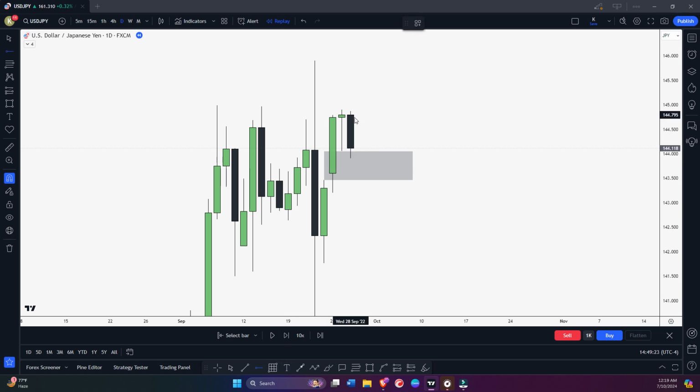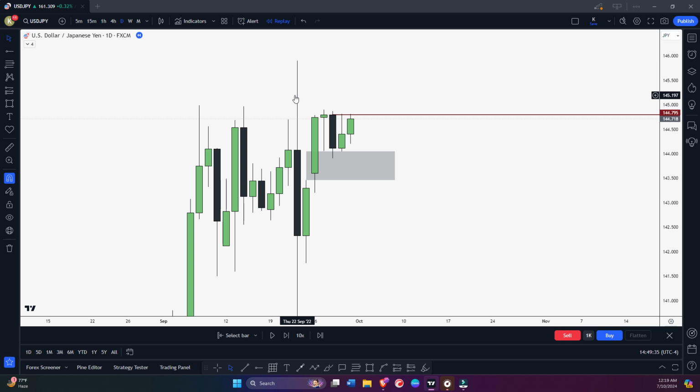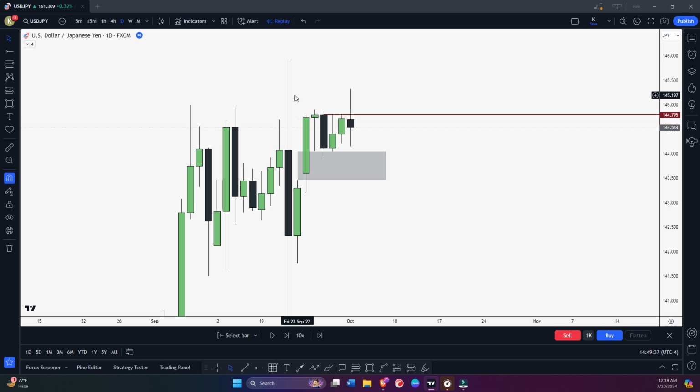If we close above this, then this last down close candle is going to be our bullish order block. We have one up close candle but it didn't close above this high. The second candle also didn't close. The third candle we created bearish, but still no close above this order block.